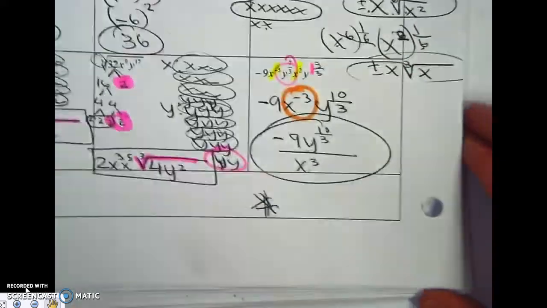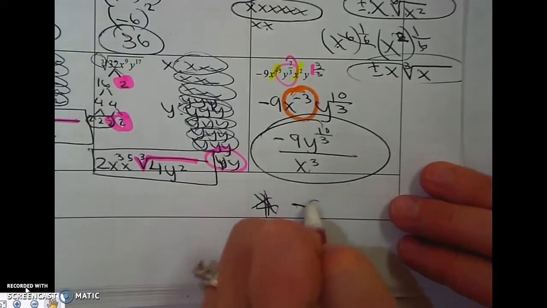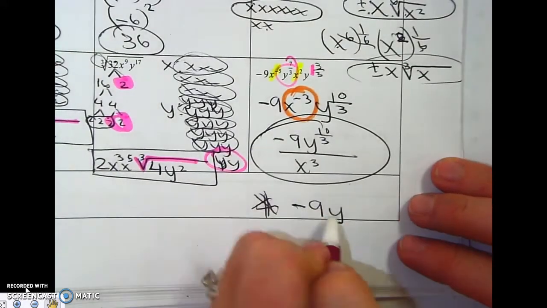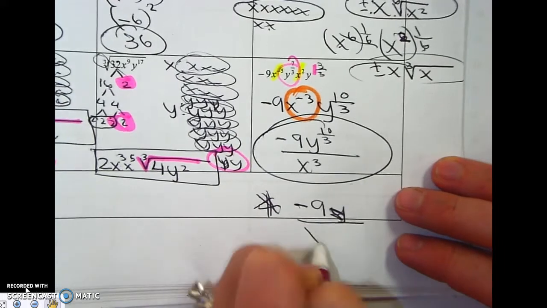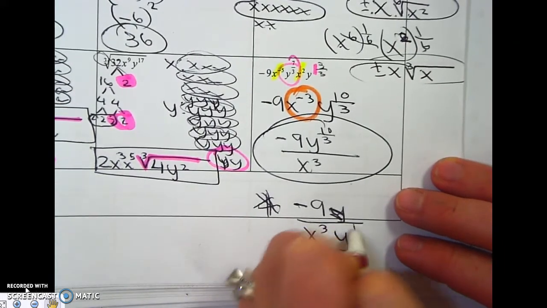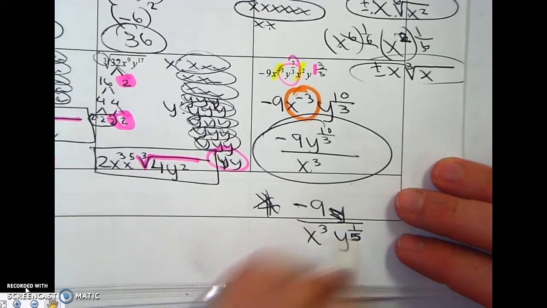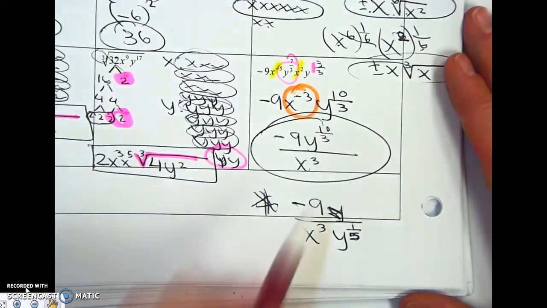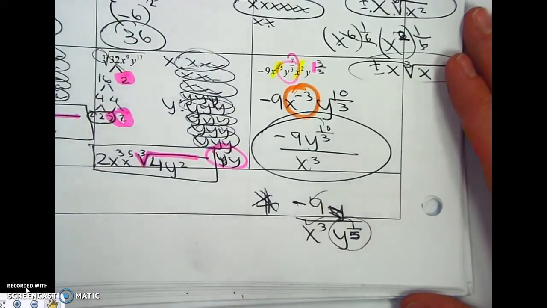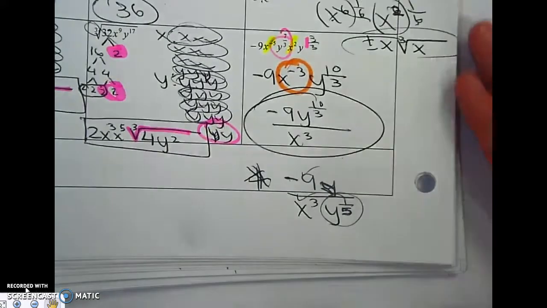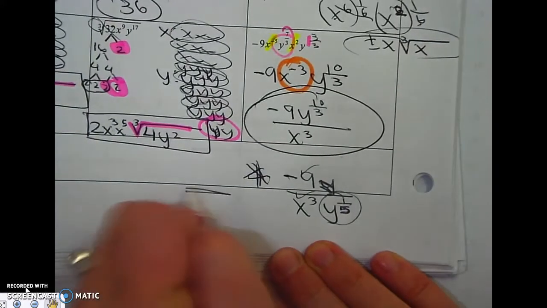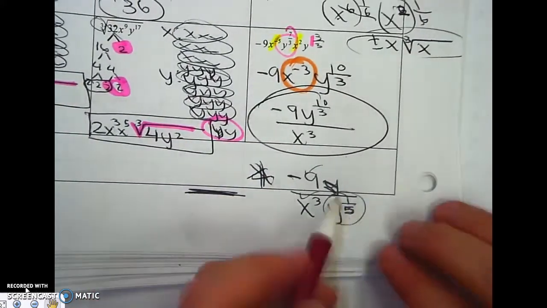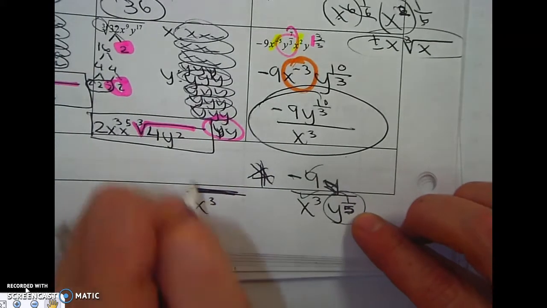I want to put a caveat on this. What happens if I instead, let's just pretend that I ended up with -9 over x cubed y to the 1/5. Let's just pretend, okay? Now, I would be okay with this and I'm okay with this, but I'm not okay with this. So what could I do to change that? Think of money, think of $1. Like you can't have cents on the bottom, you can only have $1 on the bottom.